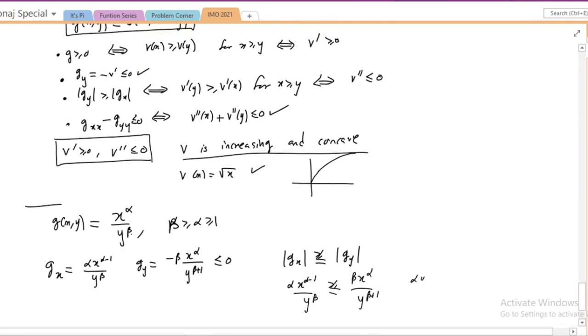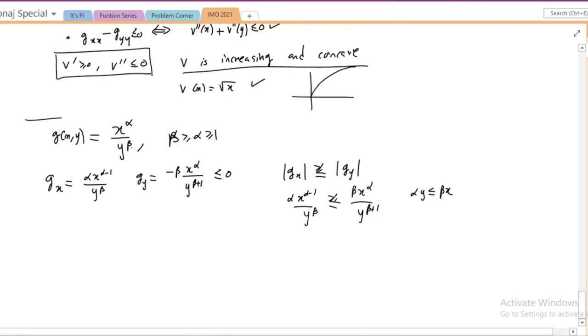Okay, so this is y, and then here we'll have x left. And if x is bigger than y, and also if we assume beta is bigger than alpha, then indeed this will hold. Okay, so that's true, since alpha is less than beta and y is less than or equal to x.